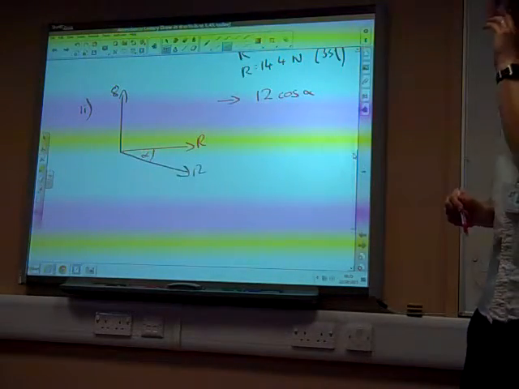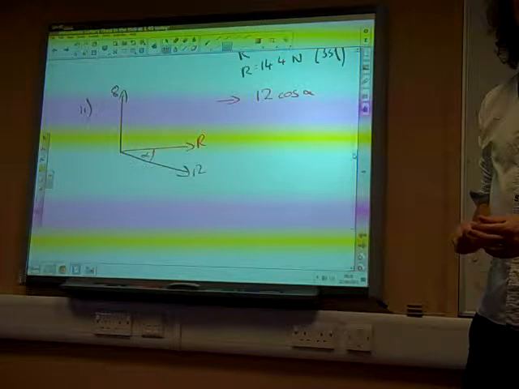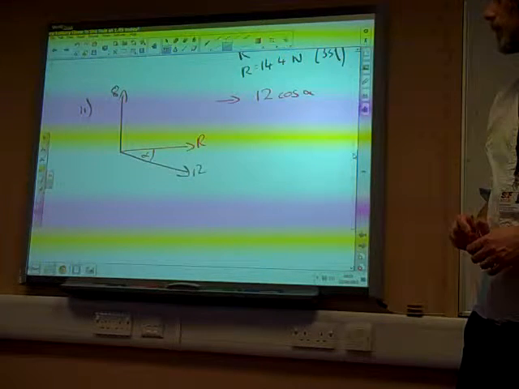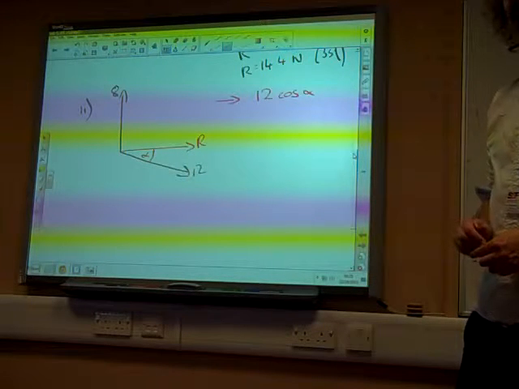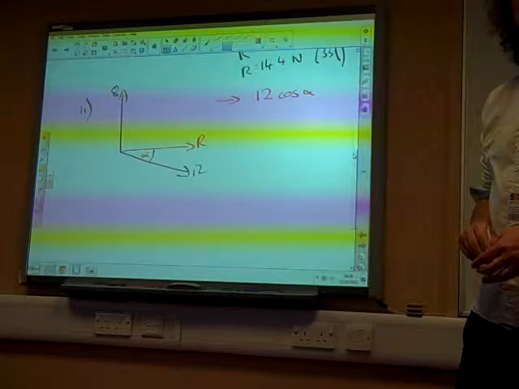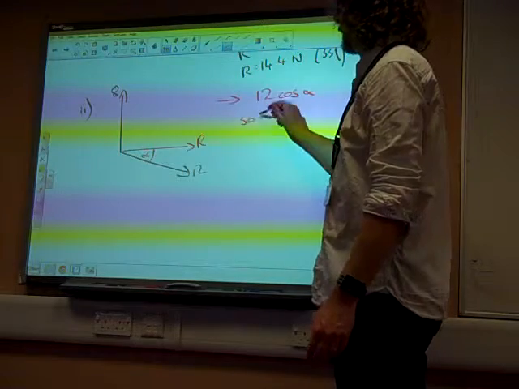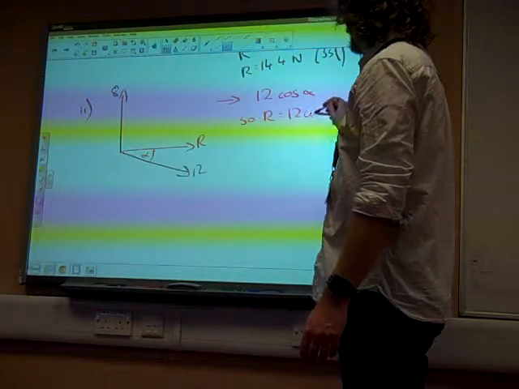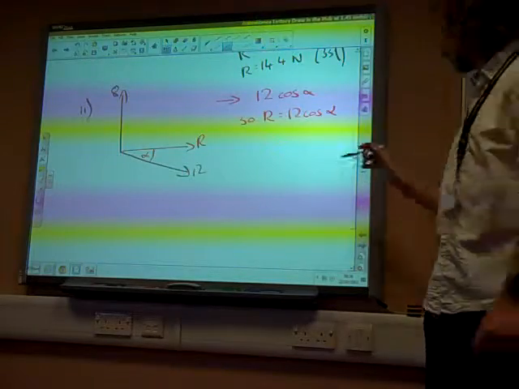Okay, so that is the horizontal component of our resultant force. So actually, that's what R is equal to, isn't it? R must be equal to 12 cos alpha, because 8 doesn't contribute anything in that direction. So that's a start.